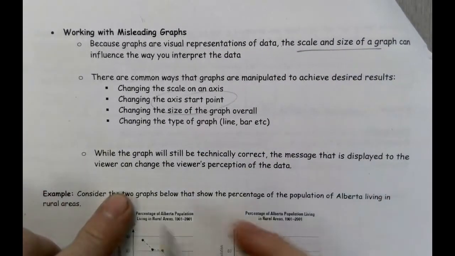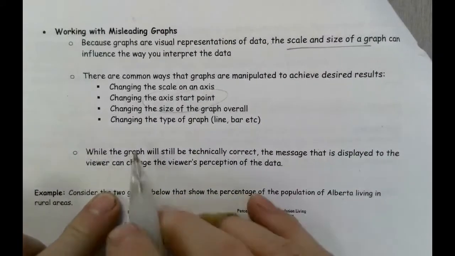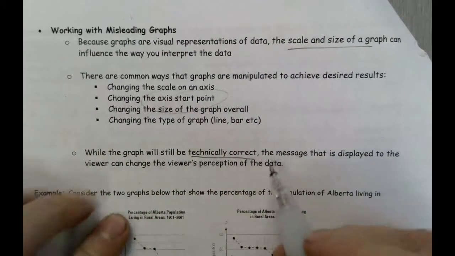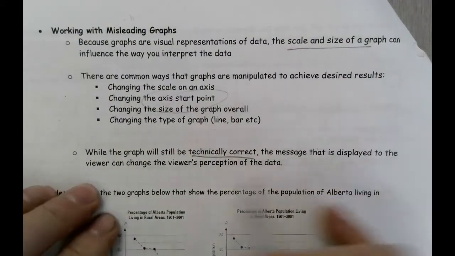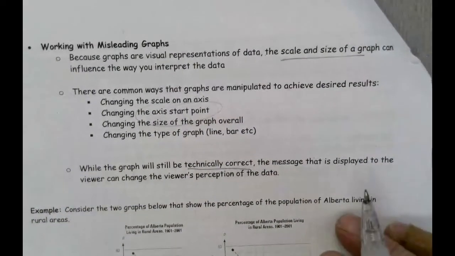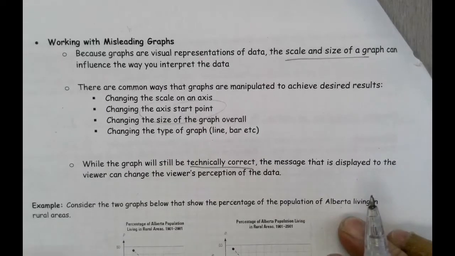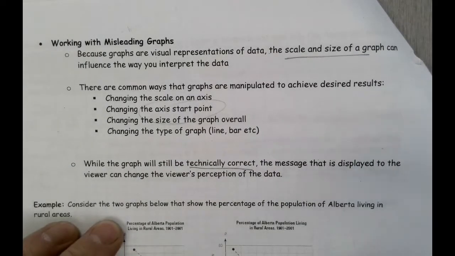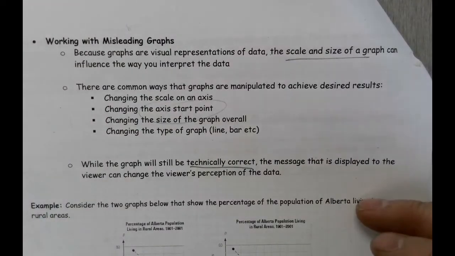Anyway, while the graph may still be technically correct, the message that it displays can change the viewer's perception of the data. It's very easy to do that with people, to say the right thing but lead them towards an improper conclusion.